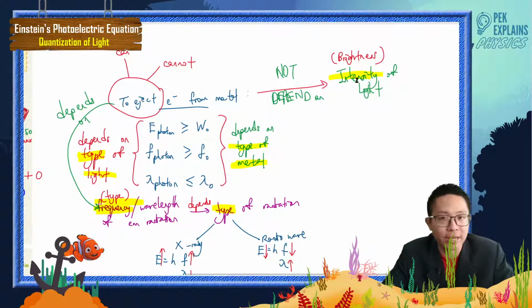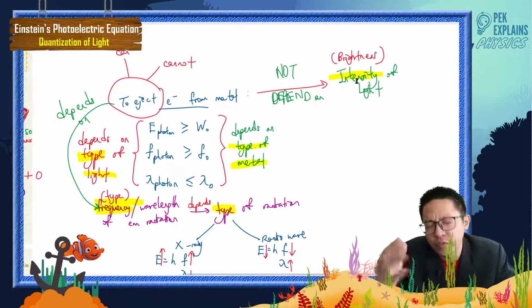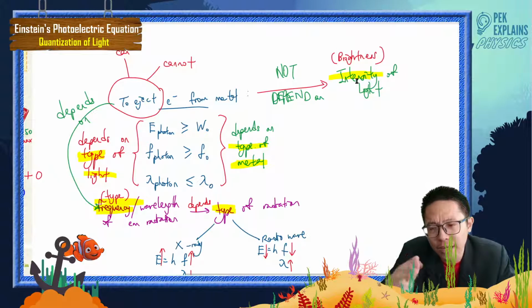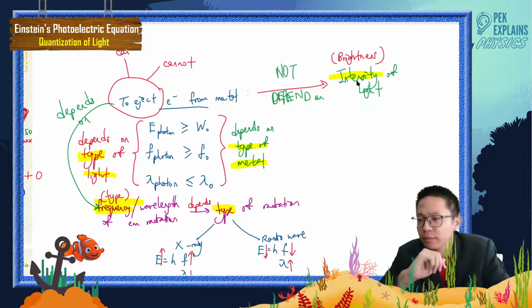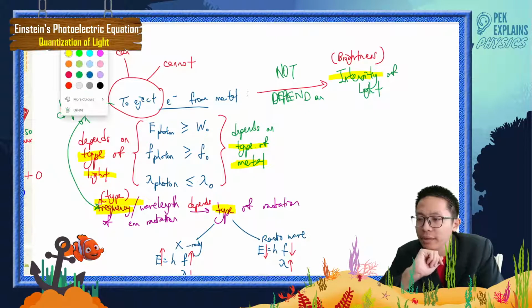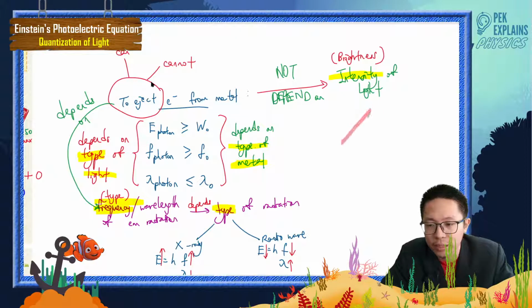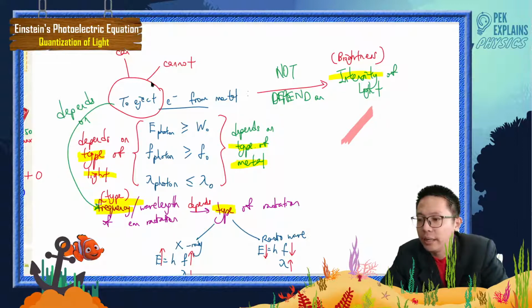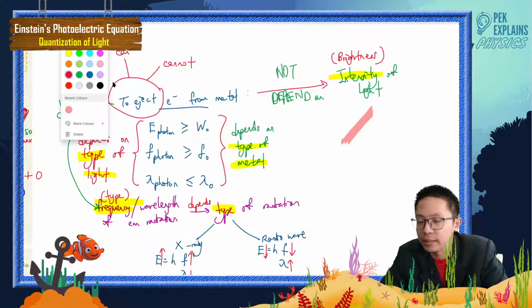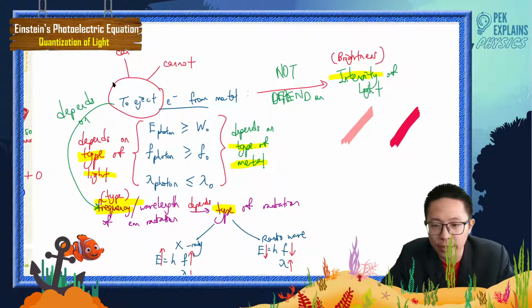Maybe you talk about red light. We have a very dim red light, and maybe a very bright red light. Let me show one example here. This is dim red light, and this is bright red light.